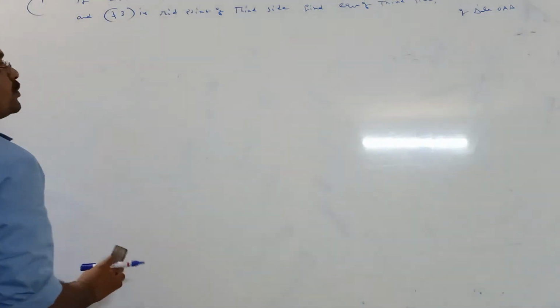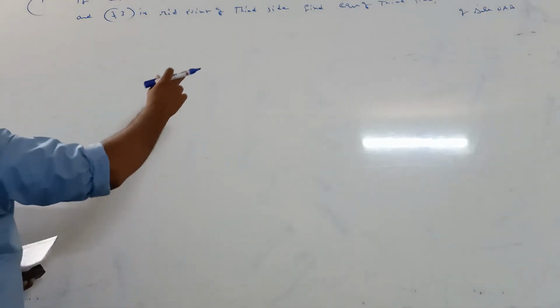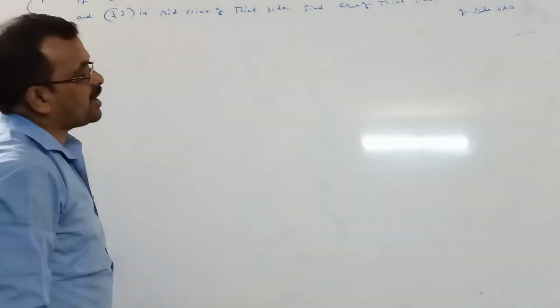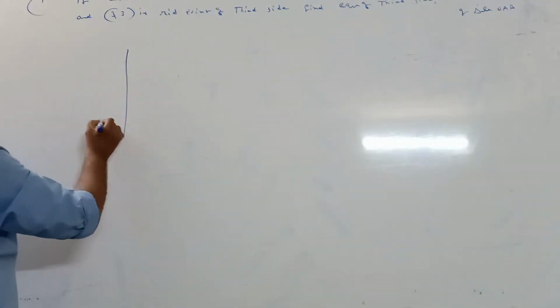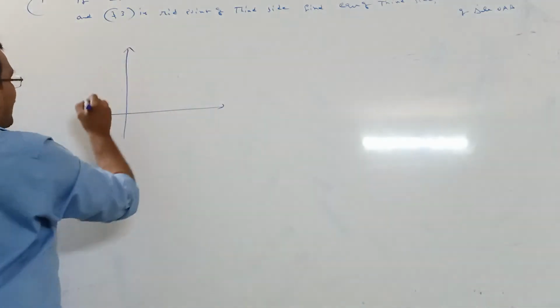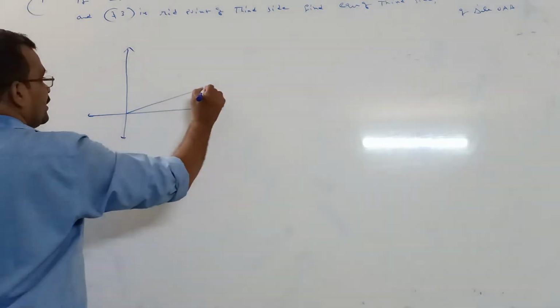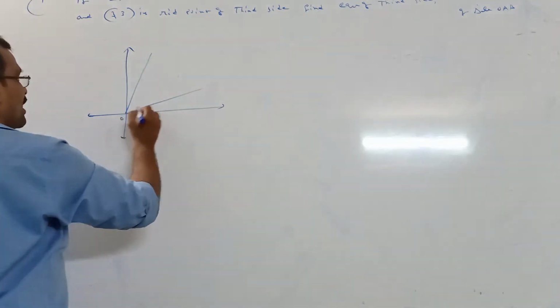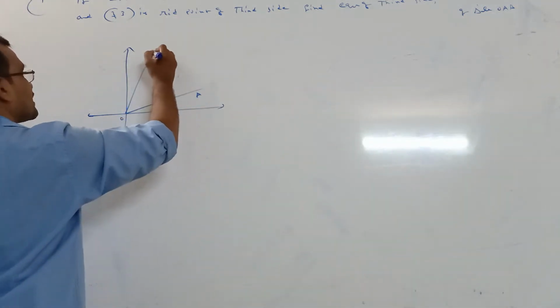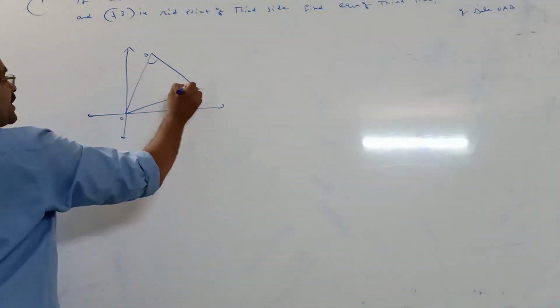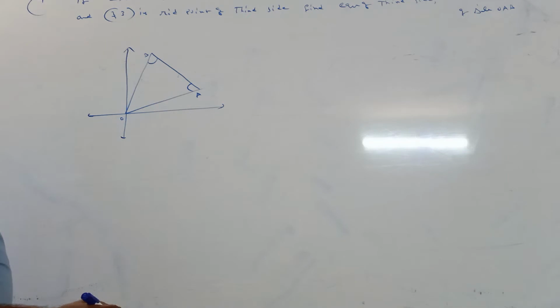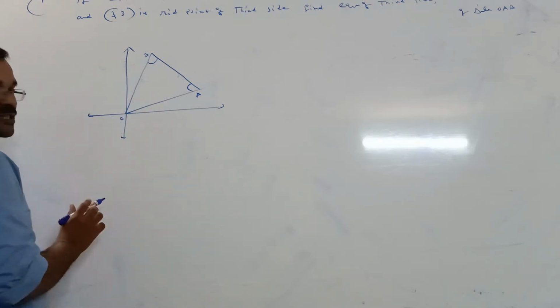So here there are two questions. One is to find the equation of the third side and another is to find the centroid of triangle OAB. So let's see the diagram. Here OA, OB are two lines. This is the third line. So these both represent two sides of the isosceles triangle.